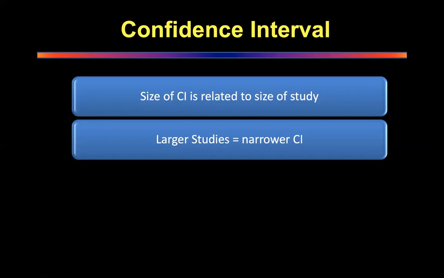Yes. Which means the study is more accurate. So the sample population more accurately represents the general population. That is why the sample size is very important in a study. The quality of a study depends on the sample size.